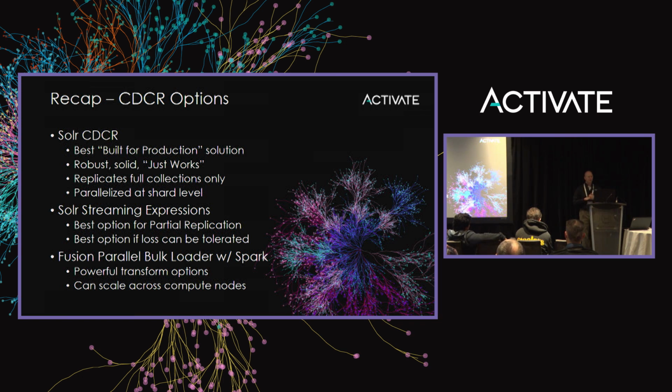And the parallel bulk loader using Spark has a lot of transform options that are super powerful. And it can scale across compute nodes, which obviously is what Spark does. So that's sort of the summary.